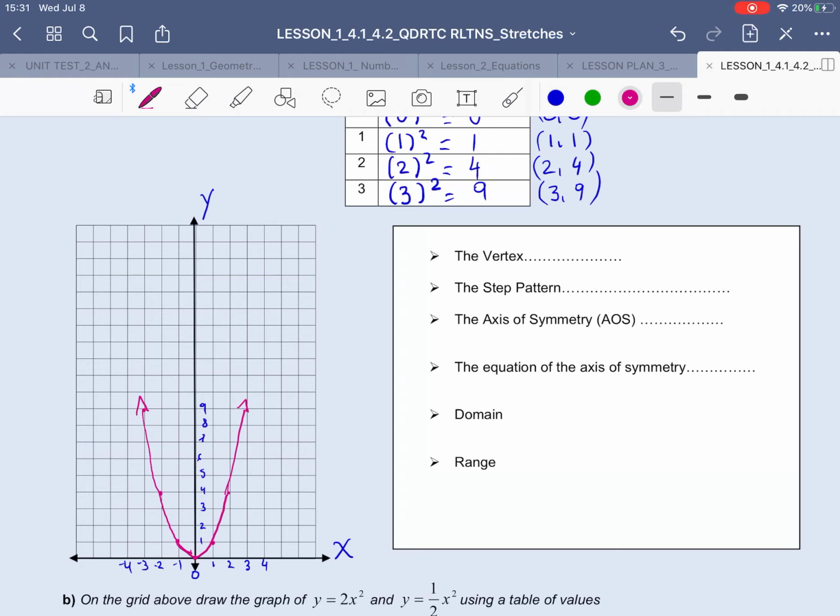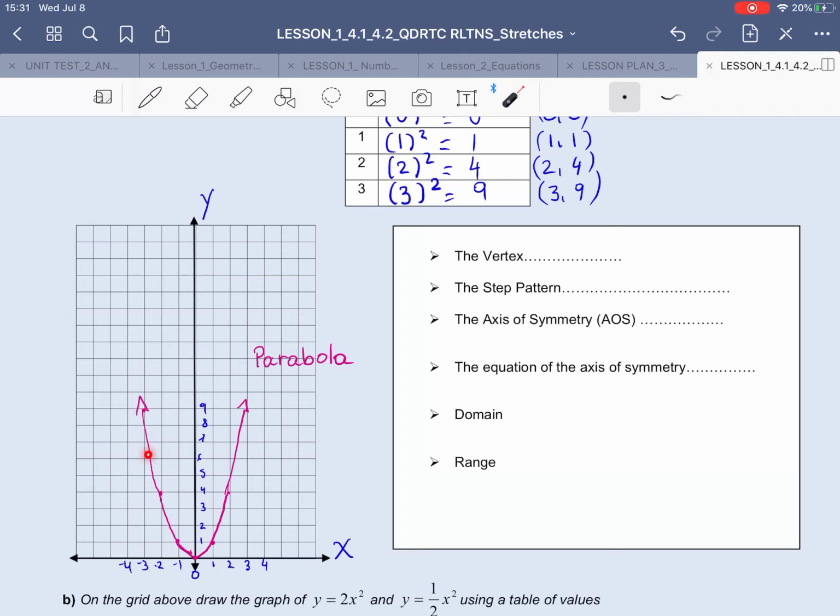This shape actually has a special name, and you have probably heard before that this is called a parabola. Some people like to call it parabola, but you know, it's not even an English name or word. So now we're going to talk about the features of the parabola.